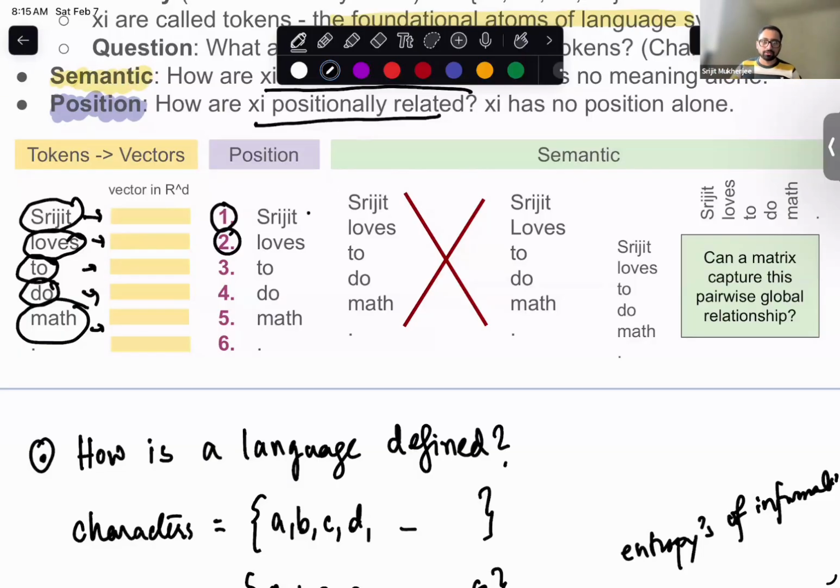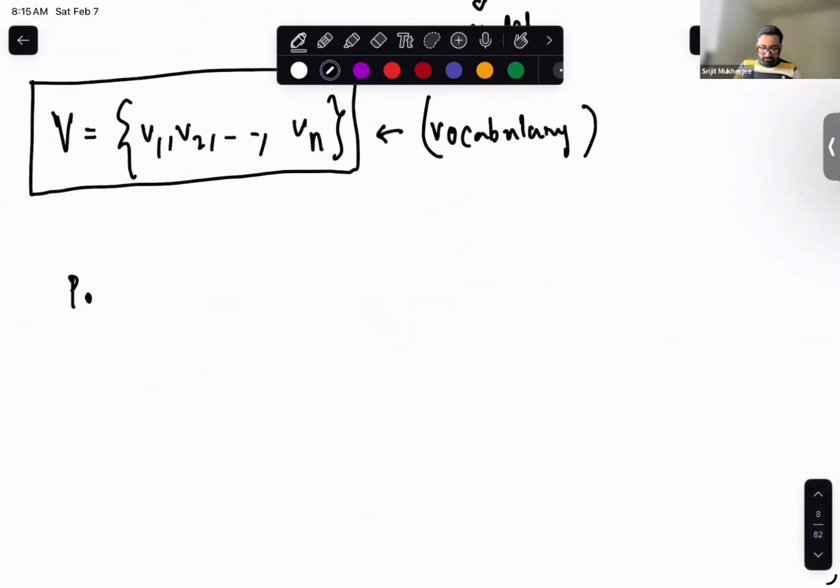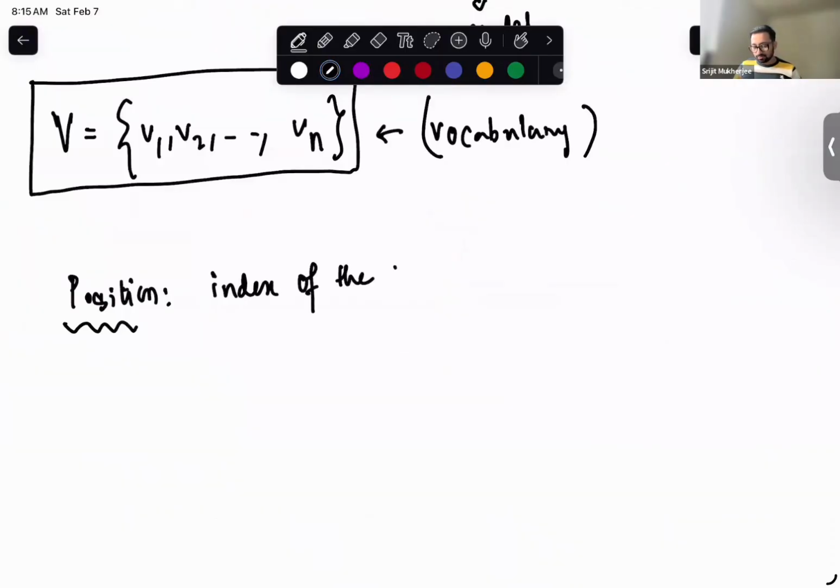The noun should come first before the verb. Similarly here, when I mean position, I mean the index of the word. Let's call it a word.